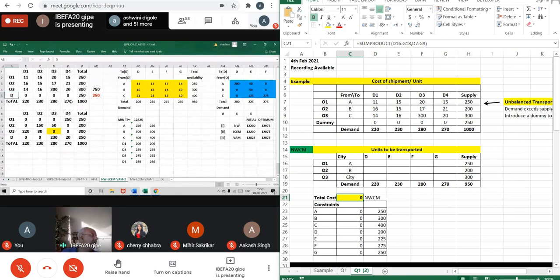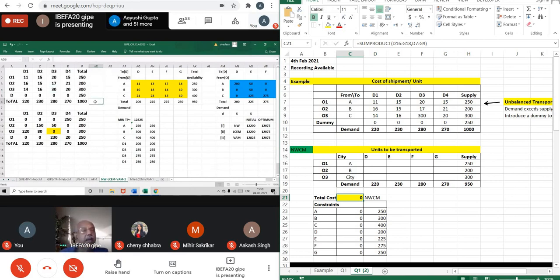And to make the TP balanced, either introduce a dummy production center or dummy customer. 0 will be the shipment cost, whether cost of shipment, profit, mileage, whatever it may be. For dummy, it is always 0. We are going to work, but let me give an introduction. That's all.